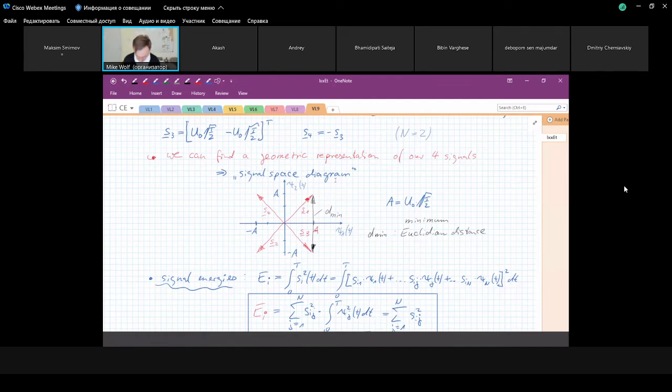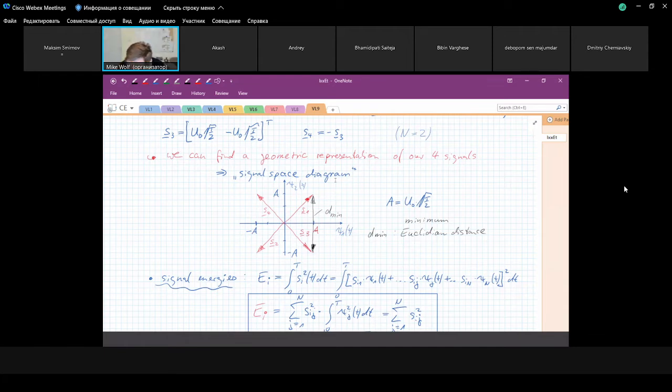And just as one comment, in information theory encoding, you basically increase the Euclidean distance between all the possible signals by means of this coding.